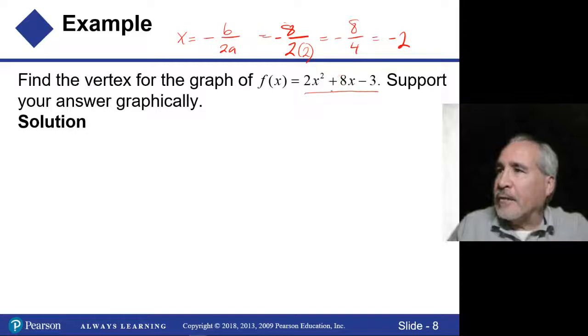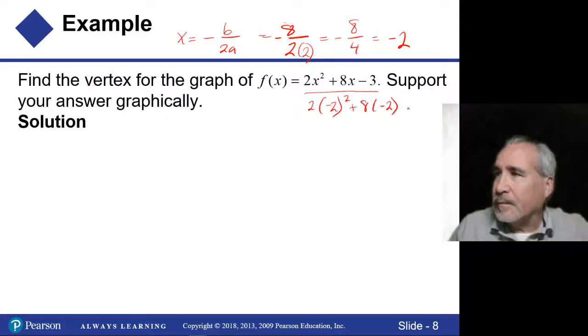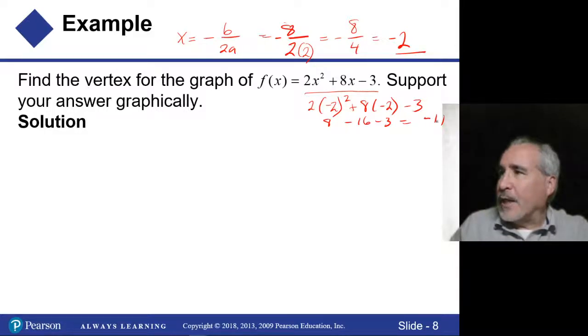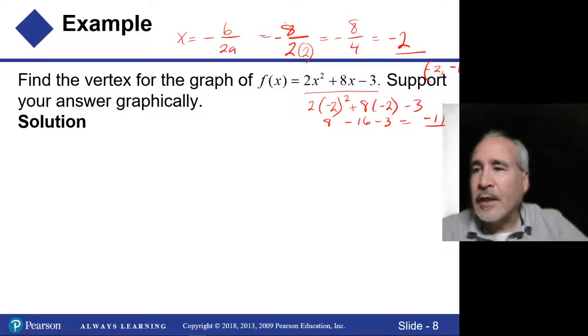And then if you plug in negative 2, put it in for x, we get 2 times 4, which is 8, 8 times negative 2 is negative 16 minus 3. This gives us negative 8 and negative 11. So it looks like our vertex, the x-coordinate is negative 2, the y-coordinate is negative 11. Negative 2, negative 11.